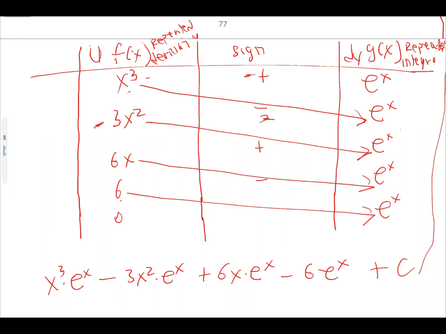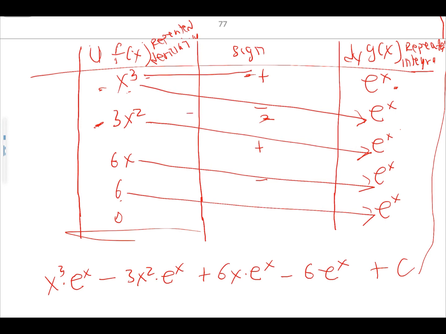When you get your u and your dv, put them on a table like this. So this is my u from the question, it's x power 3, and this is my dv, exponent x. Differentiate the u till you get to 0, and then integrate the dv to the same number of steps where you stopped with the differentiation.